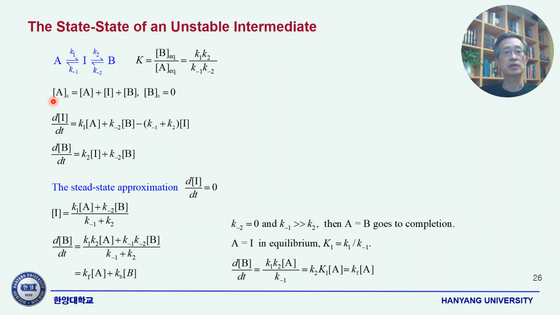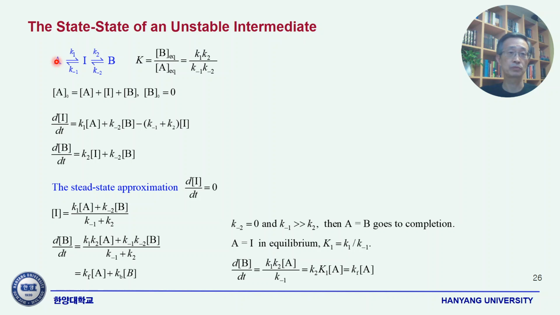The initial condition is A naught only. So we begin from A naught here, and B naught is 0. Then at any time, A naught is the sum of A, I, and B, because all stoichiometric coefficients are 1. Okay, so this is the initial condition, and now we can write the rate law for the intermediate and B.